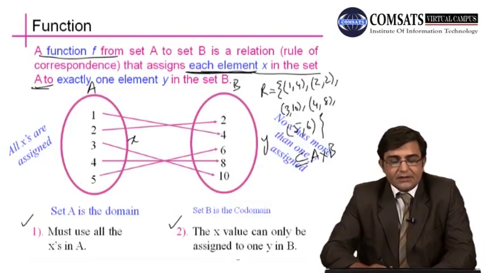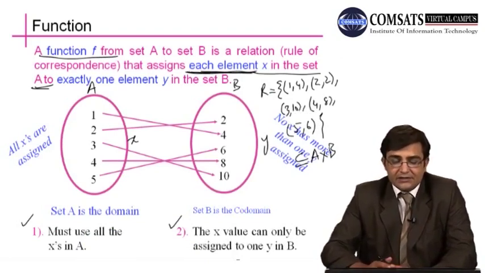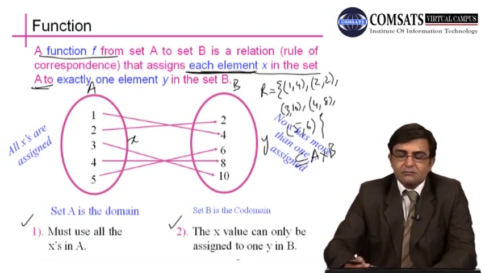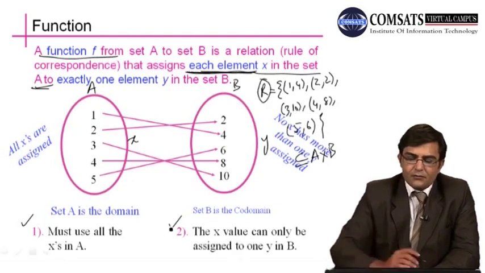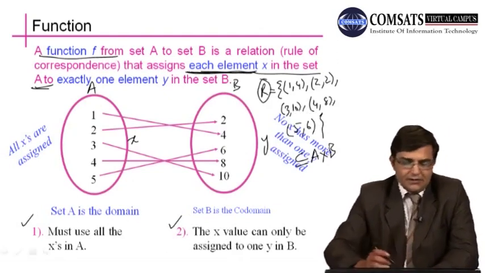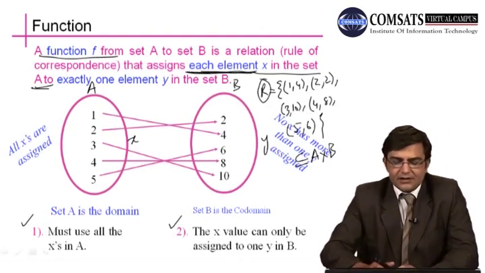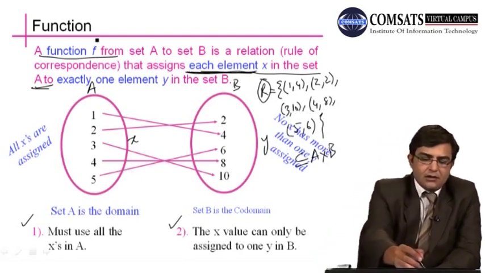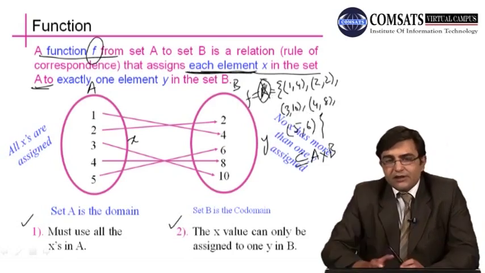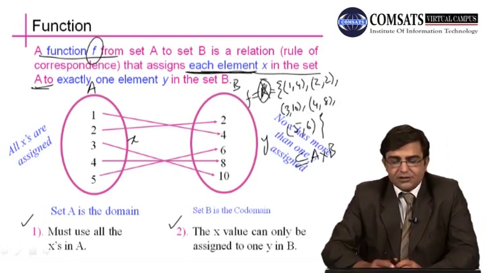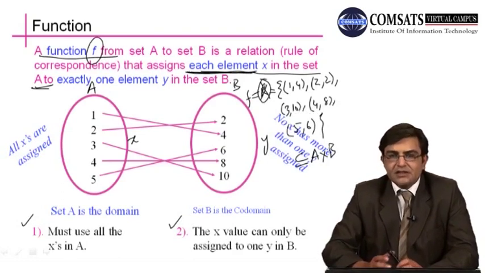So once again I repeat, a function from a set A to a set B is basically a relation, and usually a relation is denoted by R, but this is a special type of relation. We denote it by F, not R. So a function is a relation which satisfies two additional conditions.